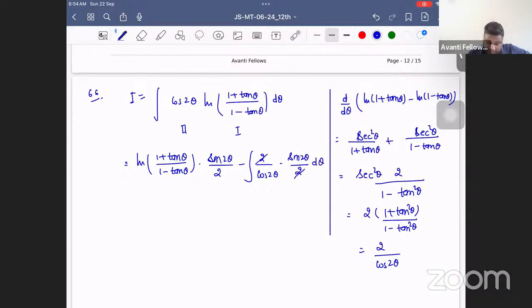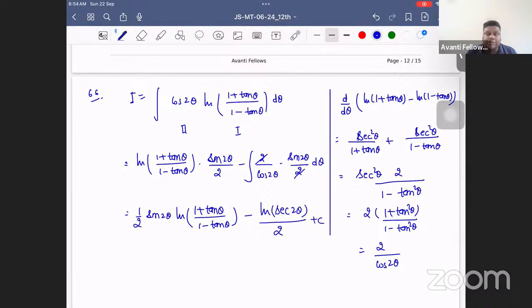They are cancelled. So 1 by 2 sine 2 theta ln of (1 plus tan theta) upon (1 minus tan theta) minus the integration of tan 2 theta, that is ln secant 2 theta upon 2, plus constant.